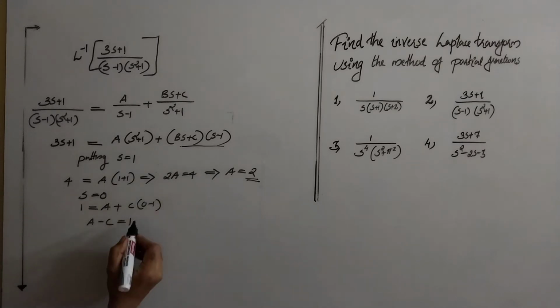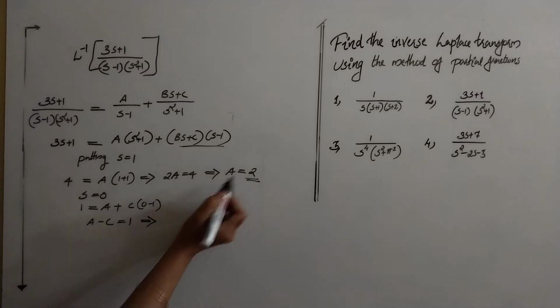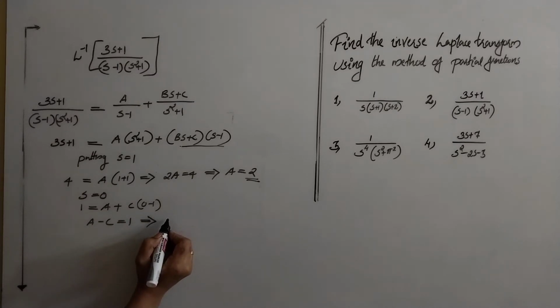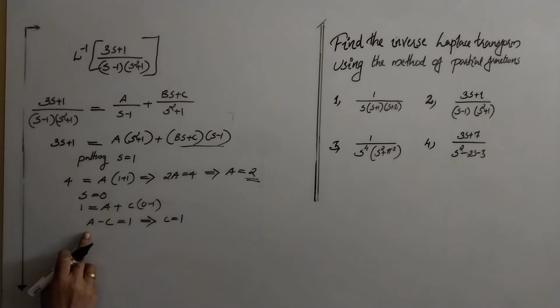Here the value of a is what? 2. So c is equal to 1. If a is equal to 2, a minus c is equal to 1 implies c is equal to 1. Now compare the coefficient of s square.